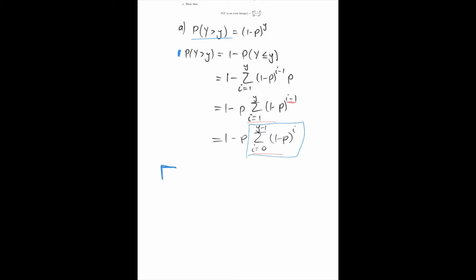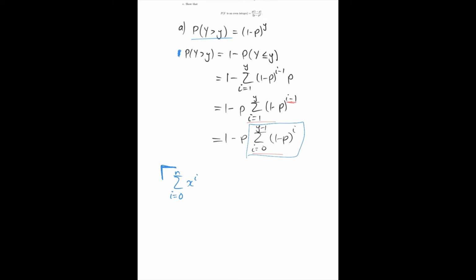Okay, so this is an aside. Instead of dealing with 1 minus p, which is quite ugly, I'm going to write that in a slightly different way. So let's consider the sum from i equals 0, that's the same, up to n of x to the i. Right? So in this case, n is y minus 1, x is 1 minus p. Great.